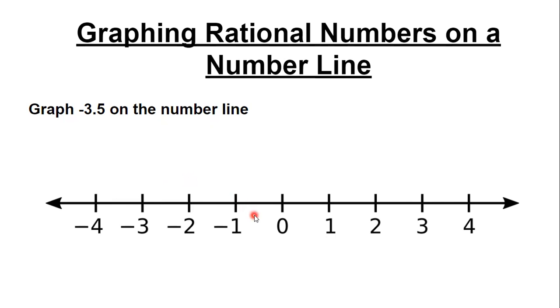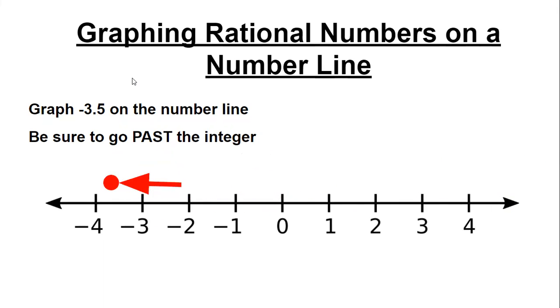Right, the numbers are going to go -1, -1.5, -2, -2.5, -3, -3.5, -4, -4.5. So we have to make sure with negatives we go past the integers. We're going past the -3. And that's where it would be. So if you said that, you guessed correctly.